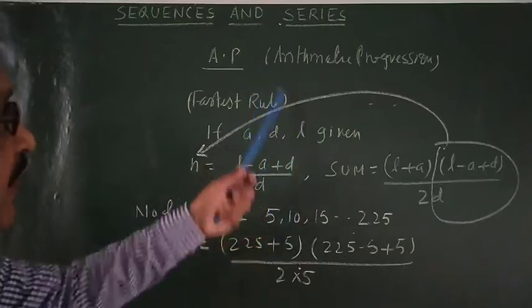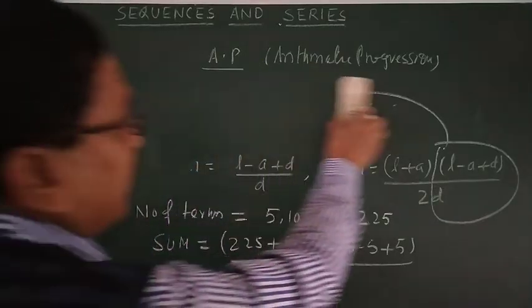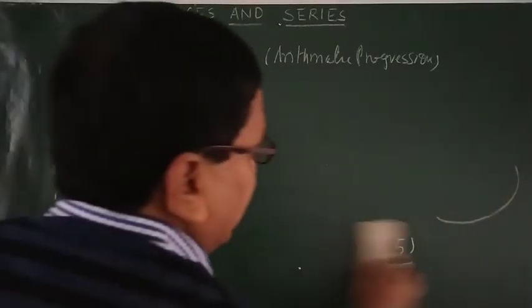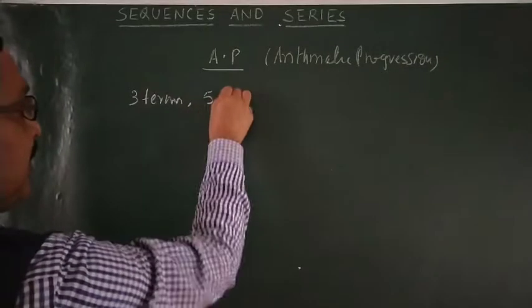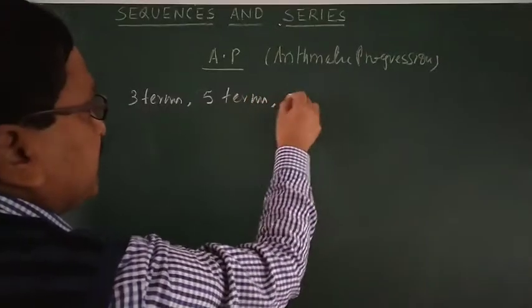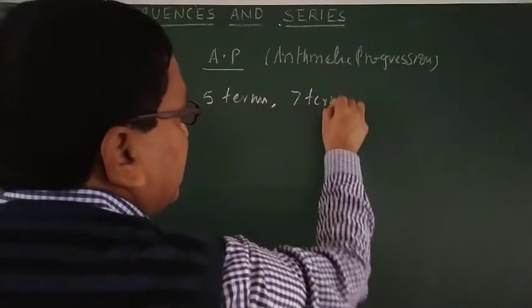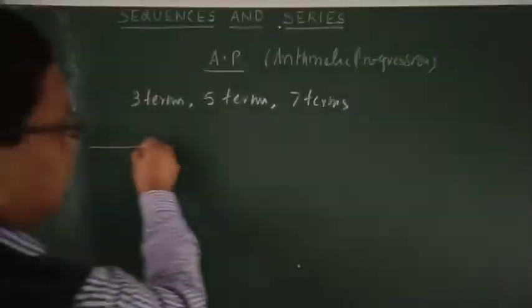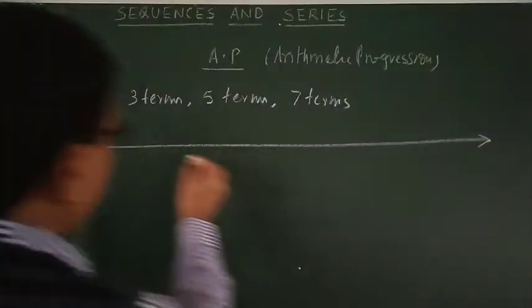So this is for your convenience, 2 additional formulas I have taught. After that, what are the basic requirements to do the problems of arithmetic progression? Selection of 3 terms, 5 terms, 7 terms. How the terms are selected so that we can do the fast problem.